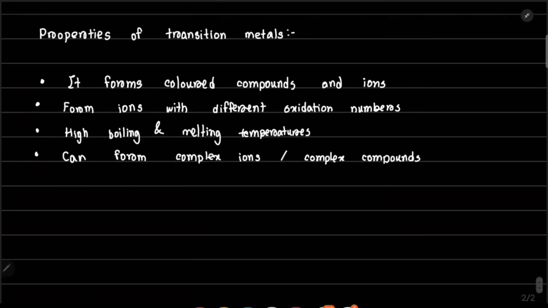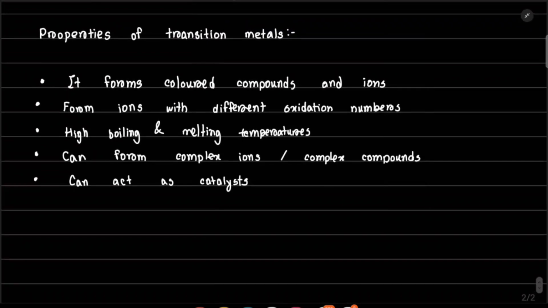We'll be learning about complex ions shortly. Another property is that they can act as catalysts. They are good catalysts because of the second point, since they can form ions with different oxidation numbers. So they can oxidize and reduce between their forms, so they are very good oxidizing or reducing agents, and hence they are really good catalysts.